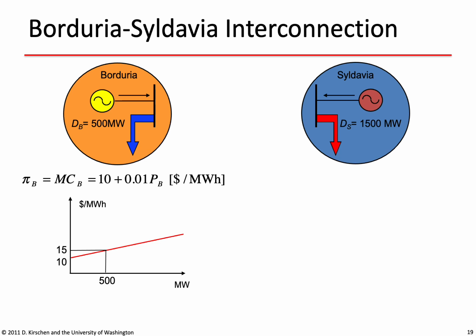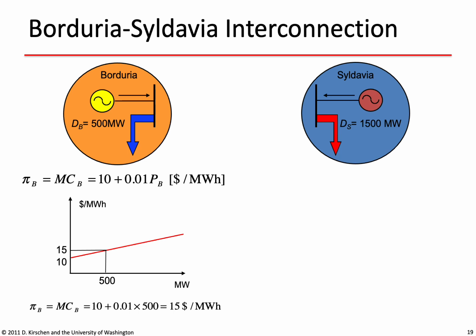And because we assume that we have perfect competition within the electricity market of Borduria, this is also the price of electricity in Borduria. If the load in Borduria, the demand in Borduria, is 500 megawatts, then the price in Borduria is going to be 10 plus 0.01 times 500, which is $15 per megawatt hour.